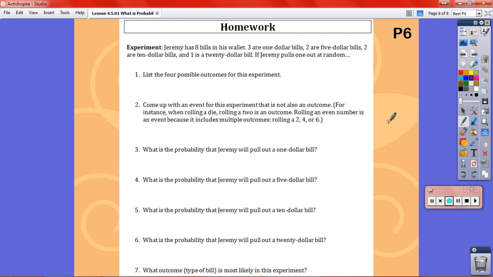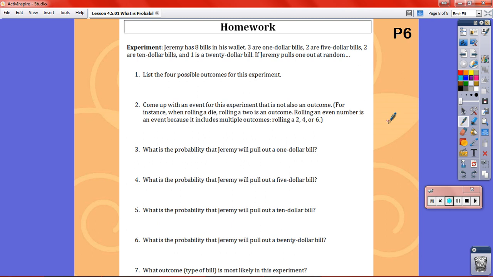I'm not going to answer all of these, but I did want to get to number 2, which is come up with an event for this experiment that is not also an outcome, meaning it's going to have more than one outcome as a part of the event. Just like with a die, we say what's the probability of getting an even number, and that's more than one outcome. It could be 2, 4, or 6.